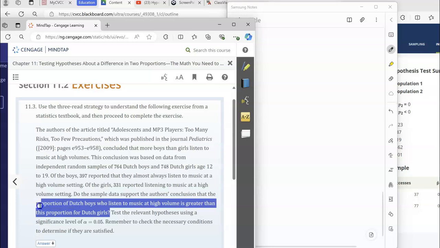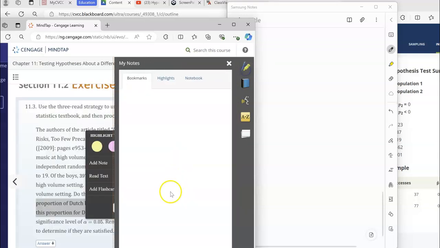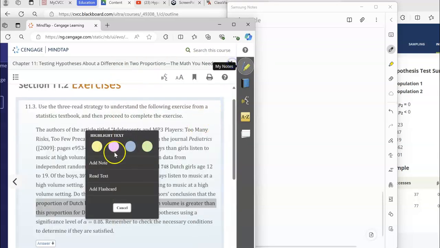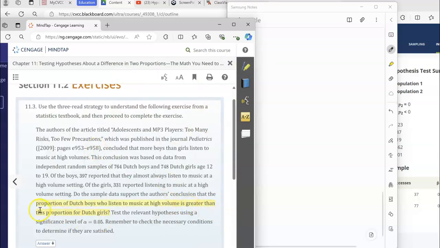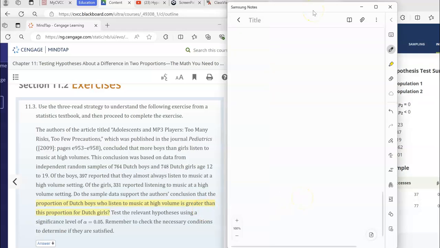So this is the claim that we're looking at. So I'm going to highlight that. So we're testing the claim that the proportion of Dutch boys, now I'll use PB here, who listen to music at high volumes is greater than the proportion for girls. So the null would be that they are equal.